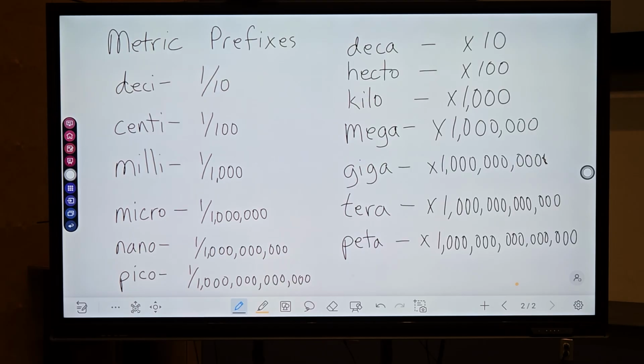Flops is an acronym for floating point operations per second. So how many times can it crunch numbers per second? It's in the quadrillions of calculations per second that some supercomputers can perform.